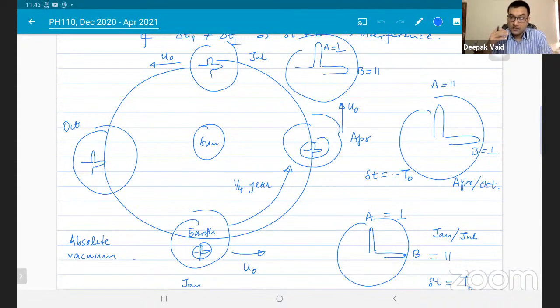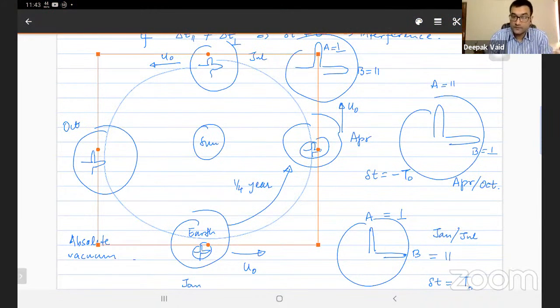And maybe the ether moves in such a way that it changes the length in just the right way. Or if you take into account the motion of the ether, then you won't get any results. But the problem is that this experiment is conducted at different times of the year, where the Earth is in different locations.